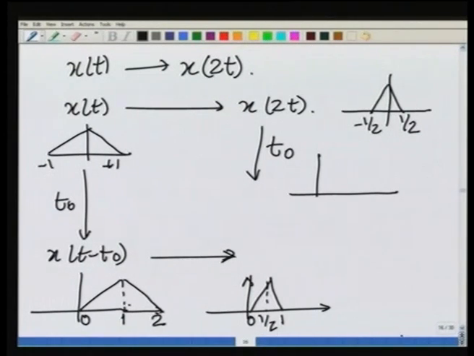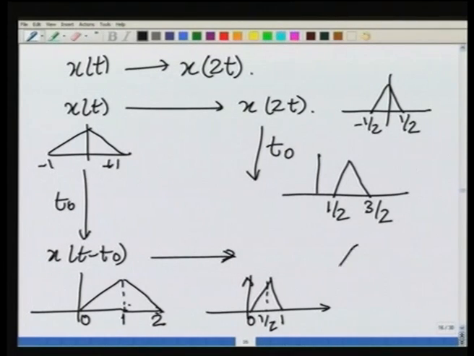With a time shift of unity, it would start at half and end at 1.5. So, you would have this signal. Sorry, that is a little larger than life. From half to 3 by 2.